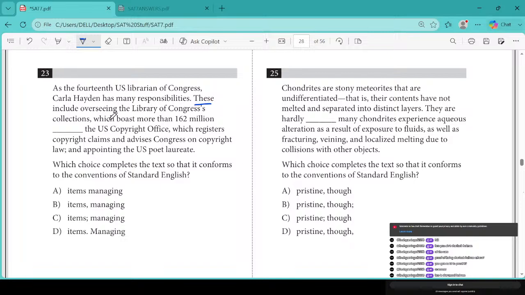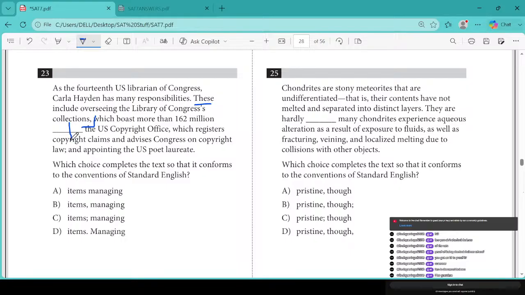So this is a sentence, right? This is an independent clause which connects to a dependent clause that would probably end right here, at managing items.